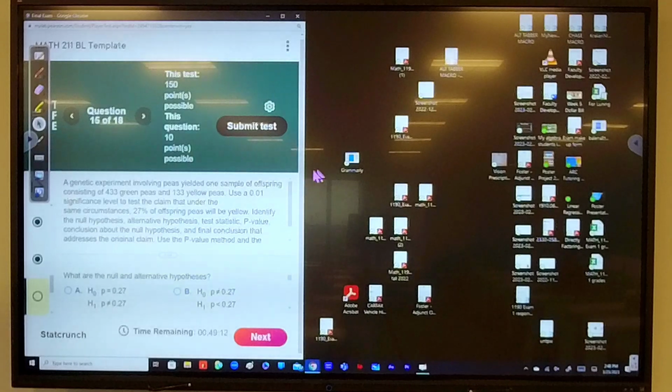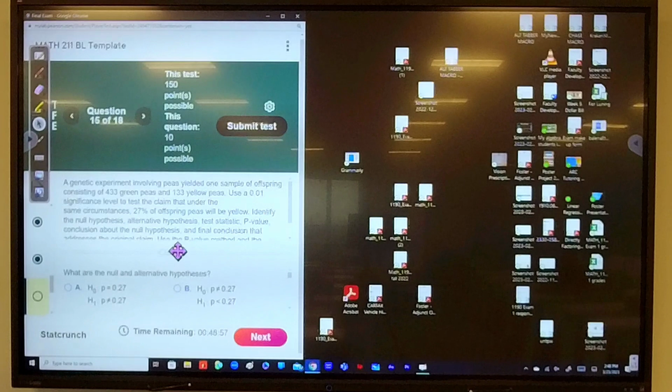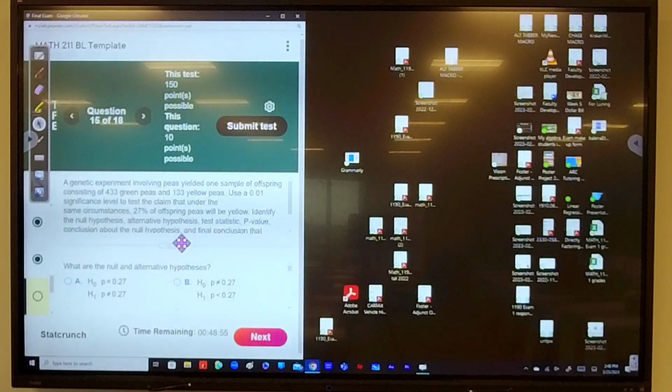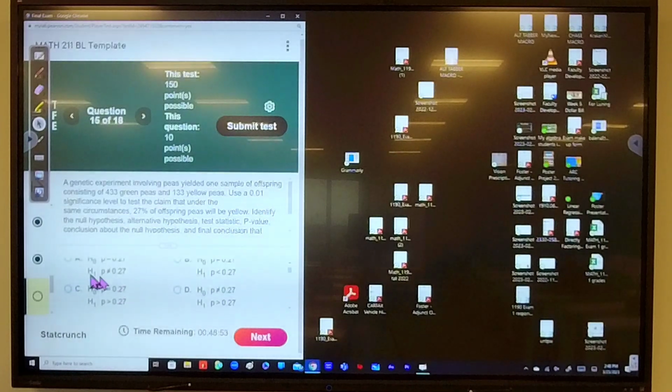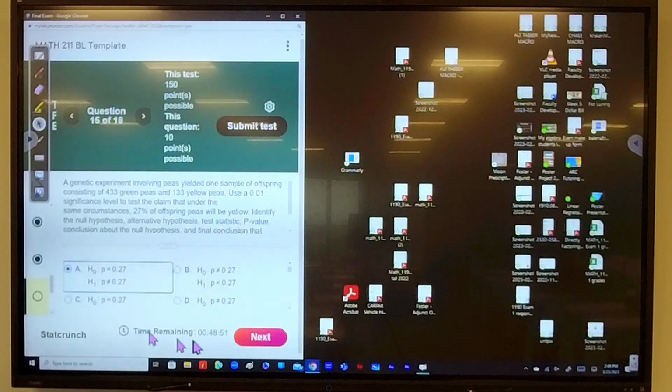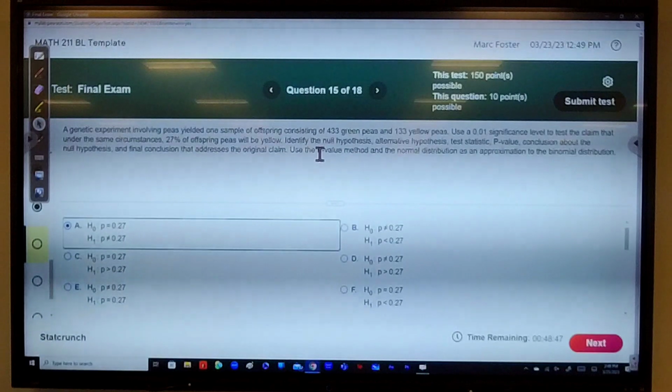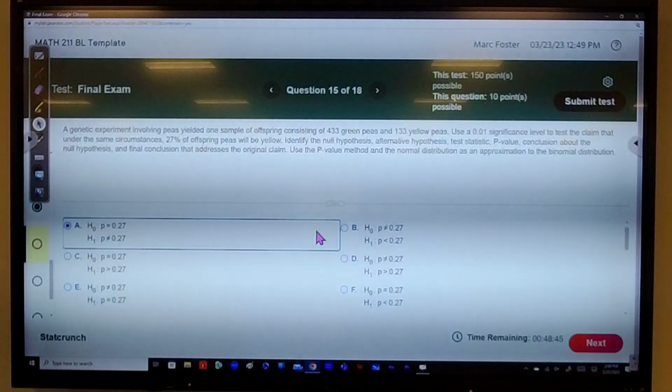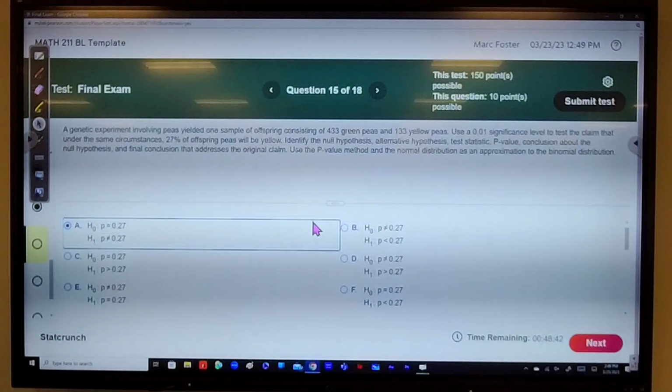It's pretty tight, so we want to be really sure in our findings here. We're supposed to test the claim that 27% of the peas will be yellow. Well, they didn't say less than 27% or more than 27%, so it would be different from 27%. Okay.